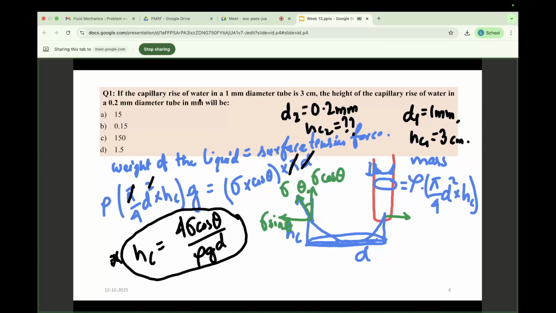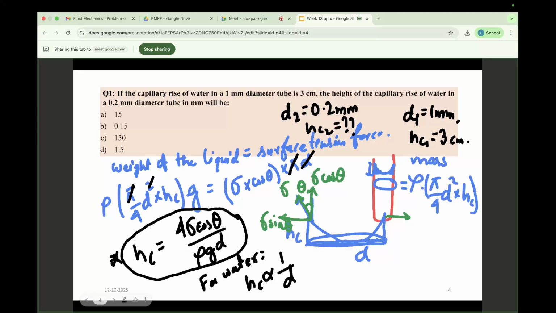So here it is water. For water, sigma is the same; if another fluid is there, then it will vary. g is the same, density is the same, theta is the same. So for water, which one is variable? Only the diameter is variable. I can write h is proportional to 1 by d. Yes or no?